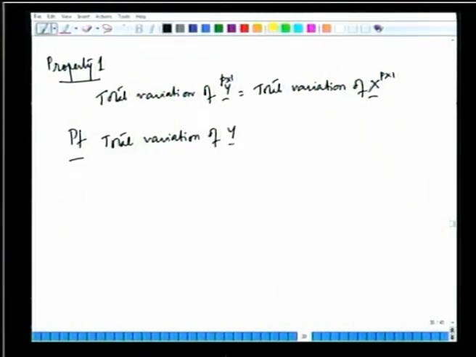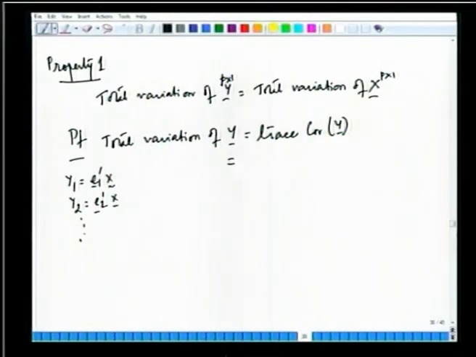What is this? By my definition of total variation of y, it should be the trace of the variance covariance matrix of y. And what is y? We have constructed the principal components in this way. y1 is the linear combination E1'x, y2 is E2'x, and similarly yp is nothing but Ep'x.